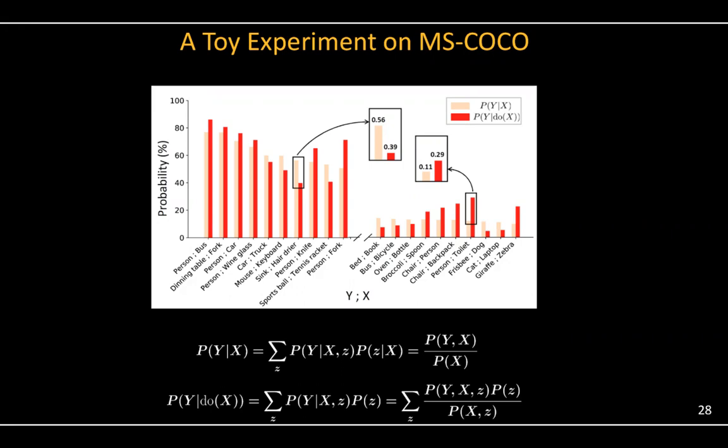Okay, so just want to confirm again. They want to leverage the second line of the formula here to compute this do calculus probability, right? Yes, and here they assume the set of Z are all the objects in the data sets.